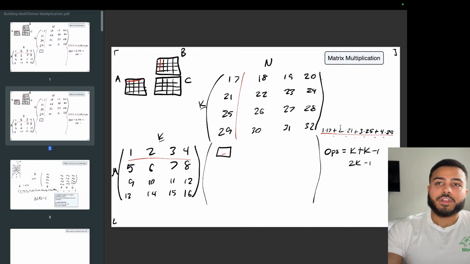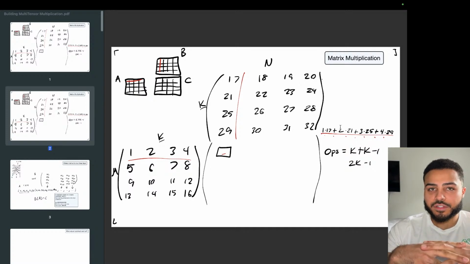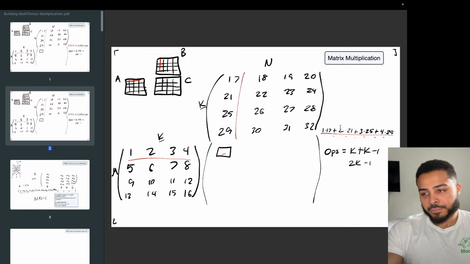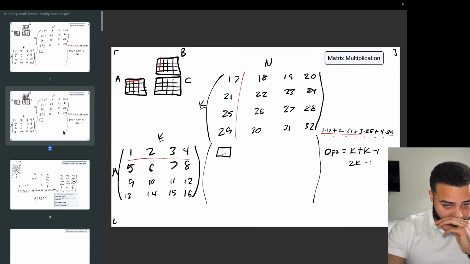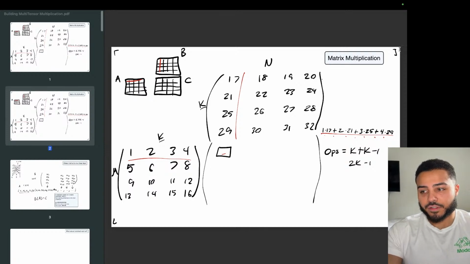When you're talking about operations on a GPU, are you talking about assembly instructions, or are you talking about how many multiplies I can do, or how many divisions I could do? I don't know. And I just don't think it's that obvious to normal people.